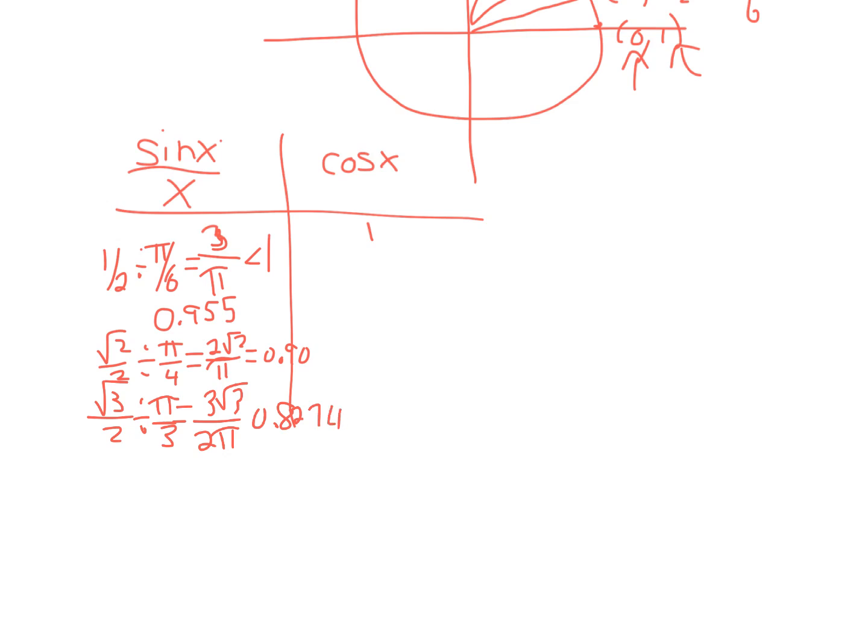And then the last one is at pi over 2, and we just have 1, and we're dividing by pi over 2, so that's going to give us 2 over pi, and that has a value of 0.6369.